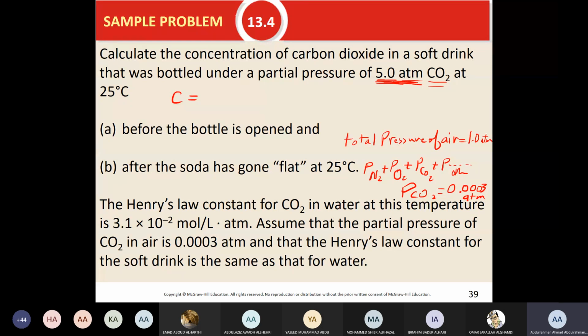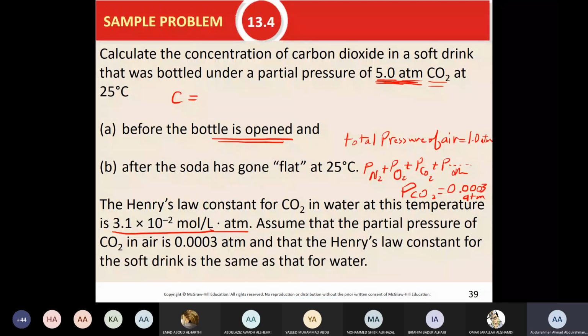The Henry's constant is given to you here, and look at the unit. So what's the concentration before we open it?